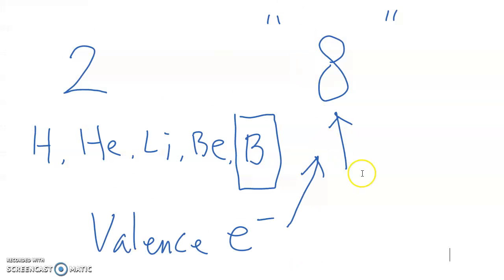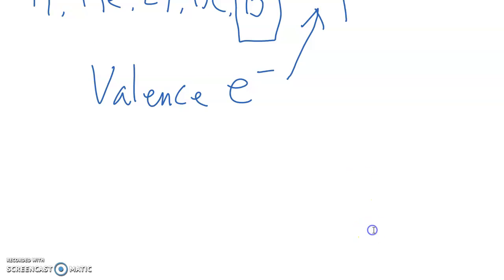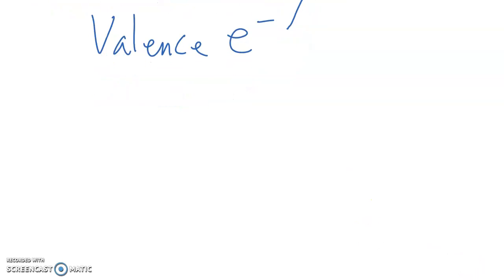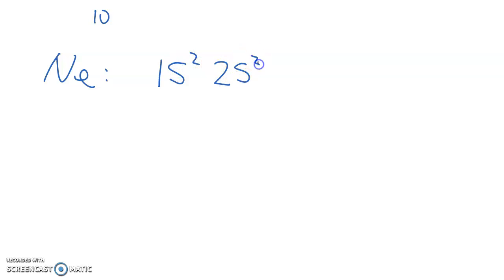For example, let's say neon. Neon has 10 electrons. So let's write the electron configuration. It will be 1s2, 2s2, 2p6.